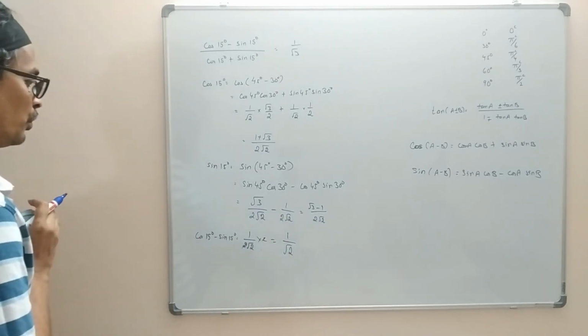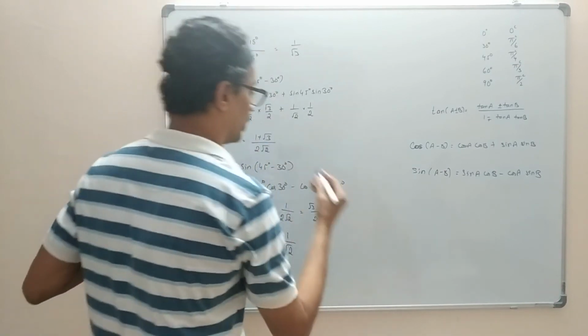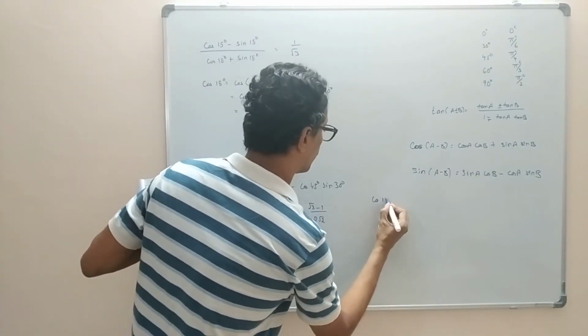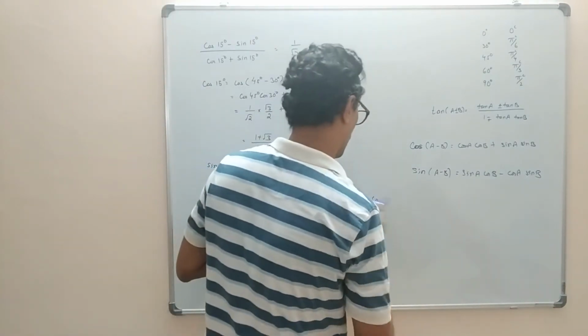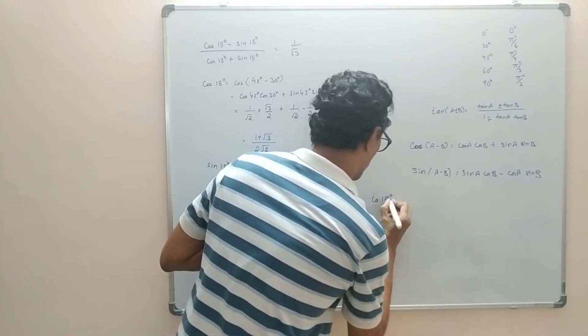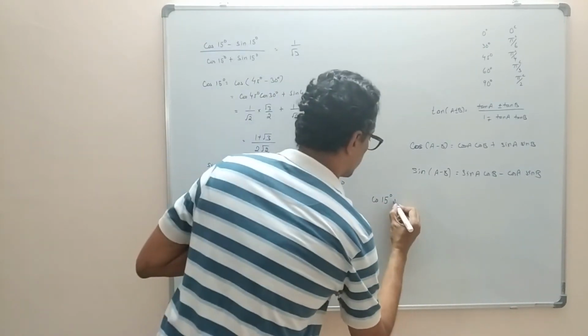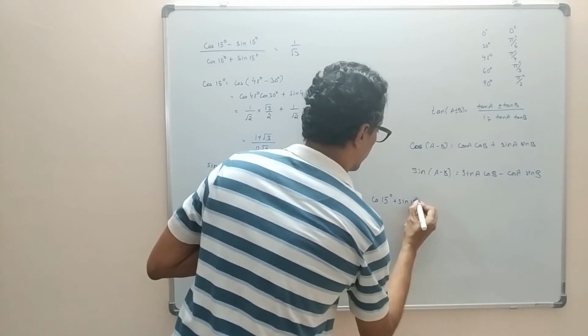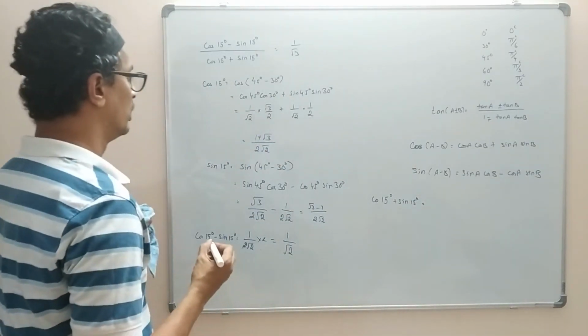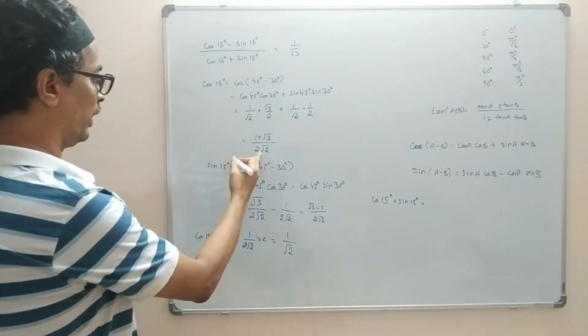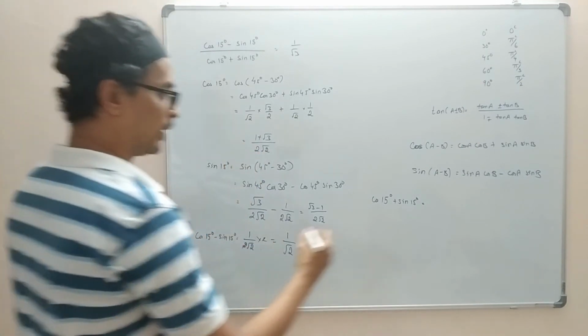Okay, and then let us try to do the second one: cos 15 degree plus sine 15 degree. So what will it be? Anyway, 1 upon 2 root of 2 is common, so I can take it outside.